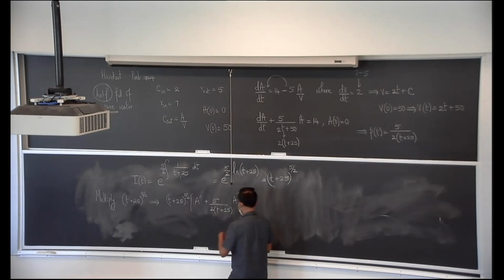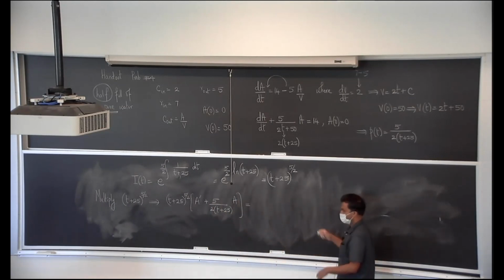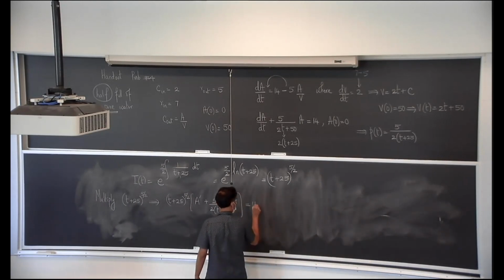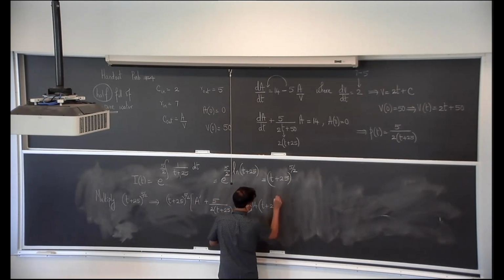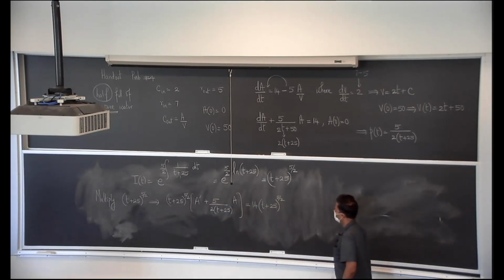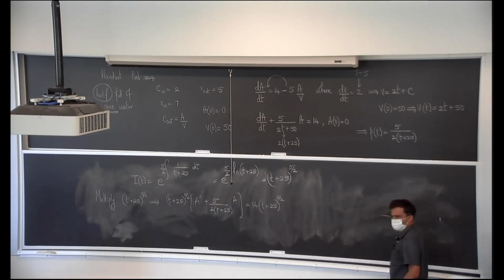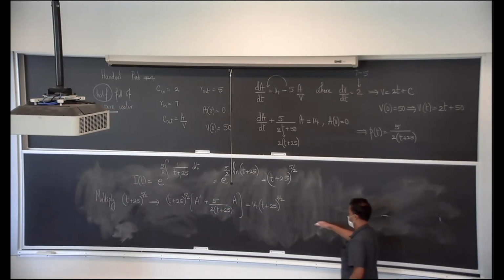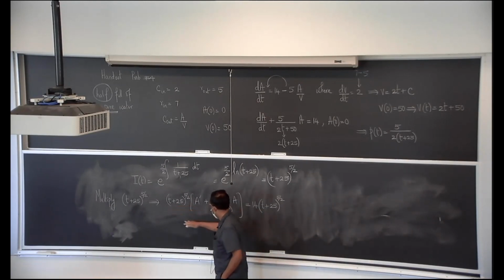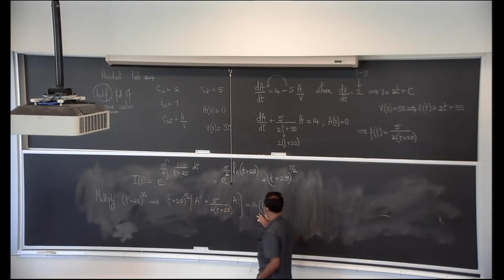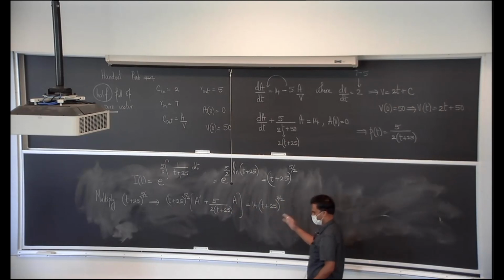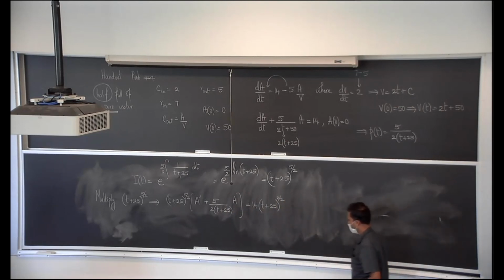The reason why I keep on multiplying this on both sides is to make sure that the right hand side is also done the same thing. So it's very easy to forget that part. If you just keep focusing on this side here and don't do anything here, then you'll just write 14. Okay, so it's 14 times the integrating factor.